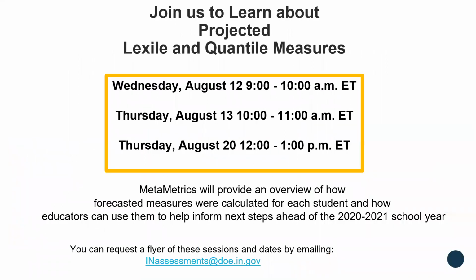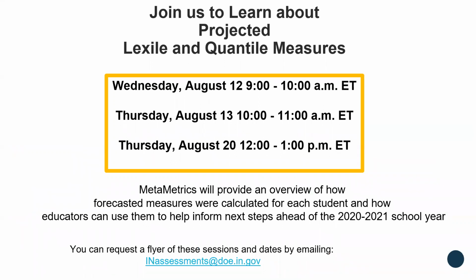We also have some August sessions set up that I think Matt will be taking the lead with, but we know that in the 2019-20 school year, there was an absence of those I-Learn summative assessment measures.